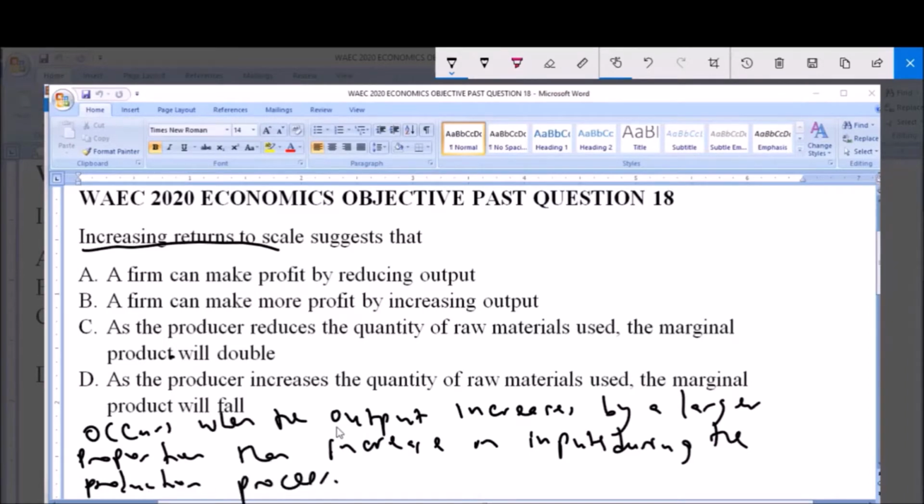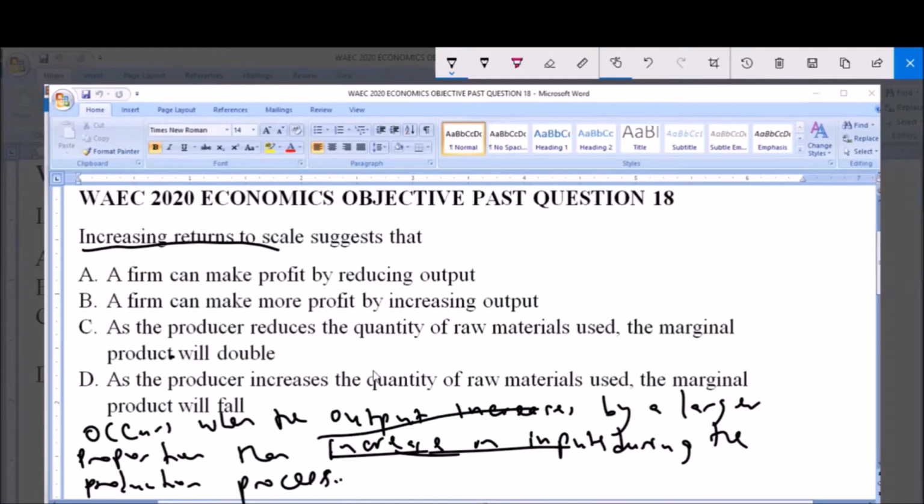Now, this means that the output increases at a much higher rate than all the factors of production involved, all the inputs involved.